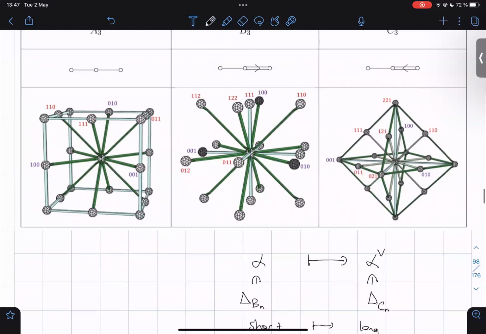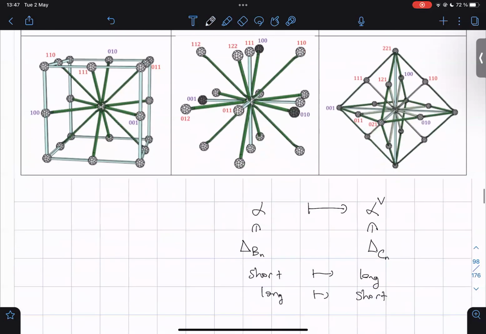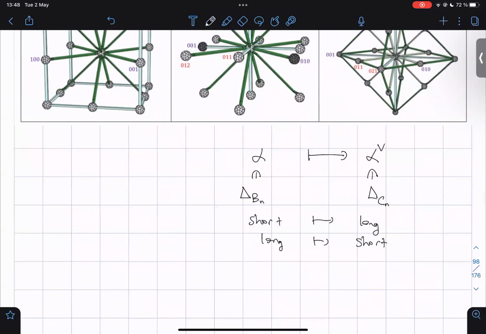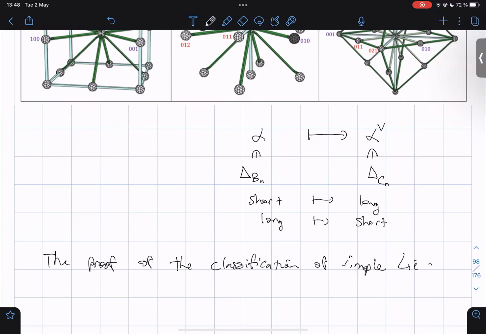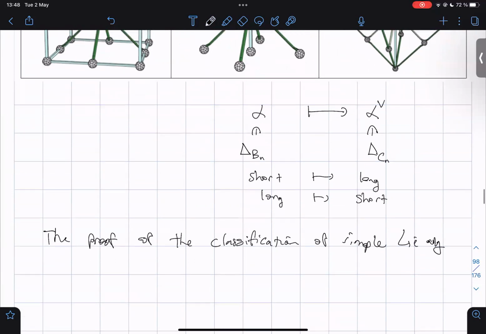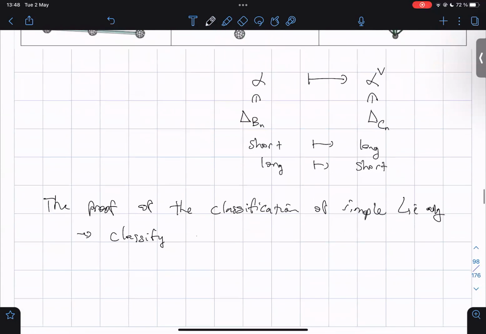Of course there's a lot of details to still, well, actually it's not that much longer. So the proof of the classification of simple Lie algebras: you classify admissible, well, actually, you're really classifying these irreducible abstract root systems.